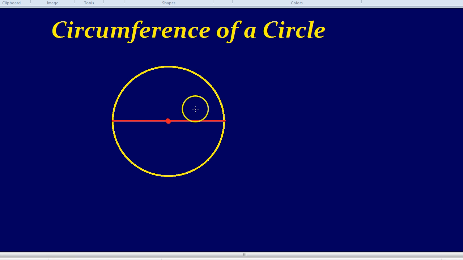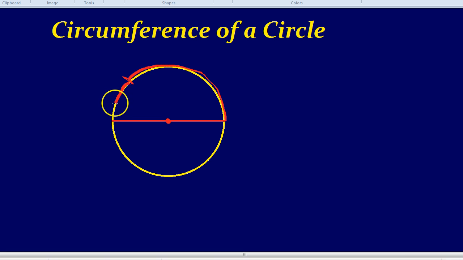Out of curiosity, how many times would that red diameter fit around that yellow circle? Let's look. Here's the first time, okay? It's a piece of string. We're stretching it around that circumference. I reckon it would fit to around here, and then it would stop. Let's do another one.